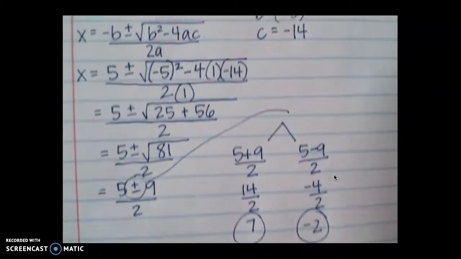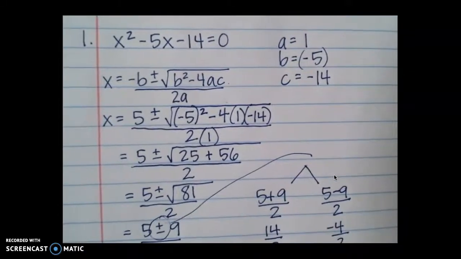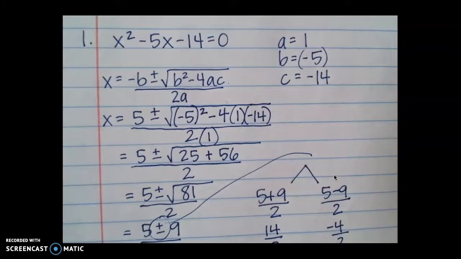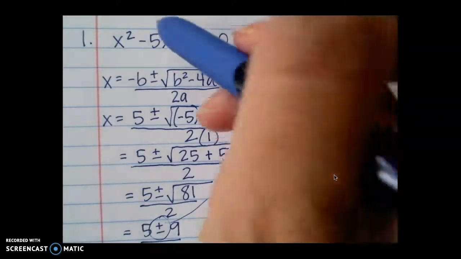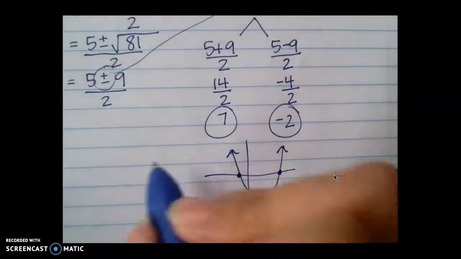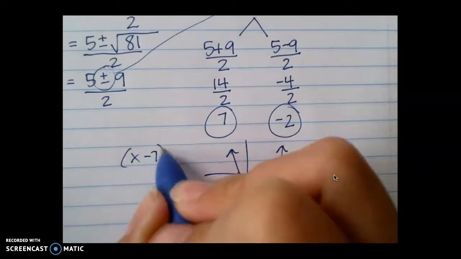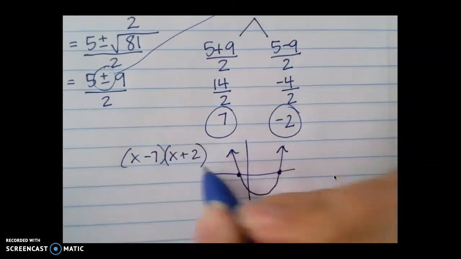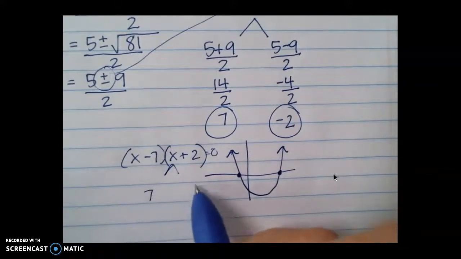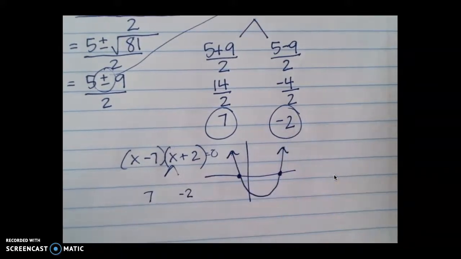The only reason I'm teaching you the quadratic formula, the only reason I didn't say, hey guys, let's go ahead and factor this, is because sometimes problems like this are unfactorable. This one is factorable because we would have gotten x minus 7, x plus 2, and you would have set each equal to 0 and solved, and you would have got positive 7 and negative 2, which is what we got.